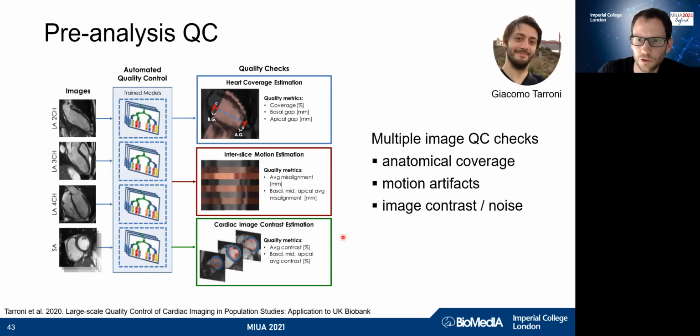Just want to mention this work. This is, of course, very application specific, but there were different things that could be measured automatically from the images and the segmentation outputs, or using some sort of segmentation outputs to do quality control on the raw images, and feeding back about the image quality.